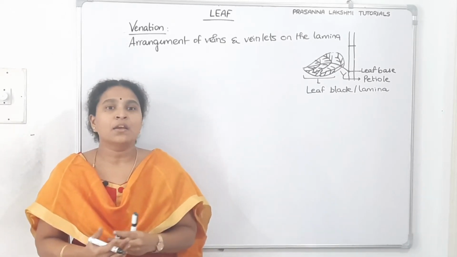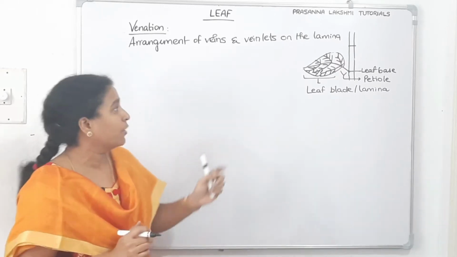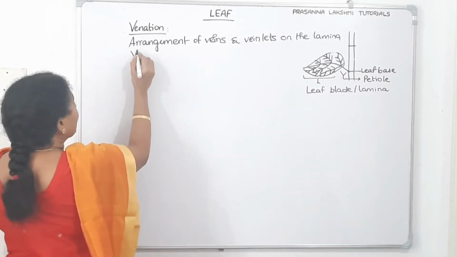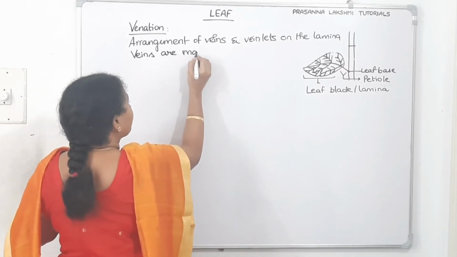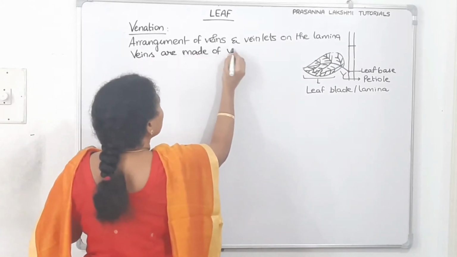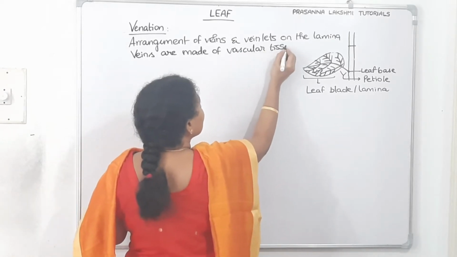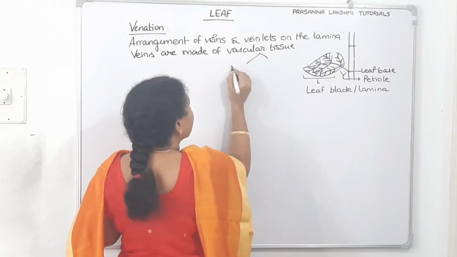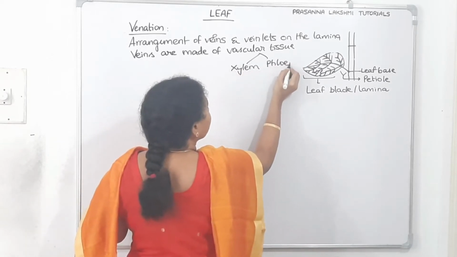Now, veins, what are they made of? Veins are made up of vascular tissue. What is vascular tissue? It comprises xylem and phloem.